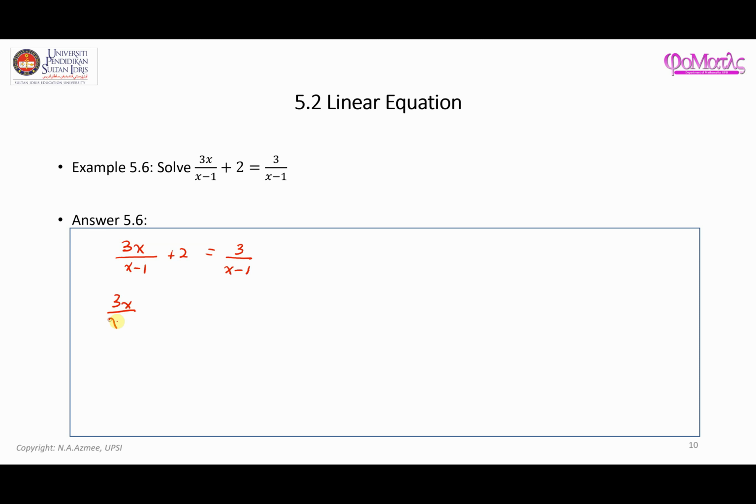So 3x/(x - 1) - 3/(x - 1) is equal to -2. Next, (3x - 3)/(x - 1) is equal to -2. Then I shall have 3x - 3 is equal to -2x + 2. So 5x is equal to 5, and x is equal to 1.